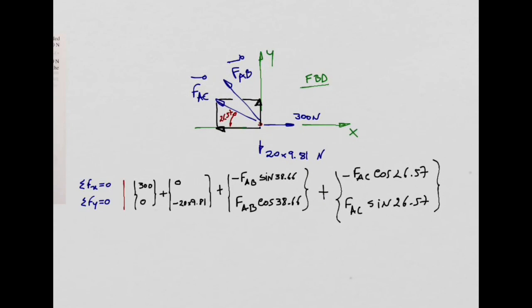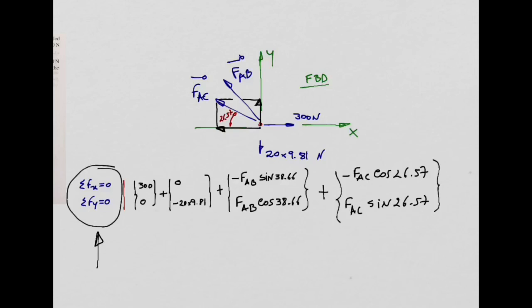So now we just need to say that the summation of all these forces needs to be equal to 0 to be in equilibrium. Or if you want, the resultant of the forces acting on particle A needs to be equal to 0. It is the equilibrium equation. Basically it is the same as this condition that we have here.